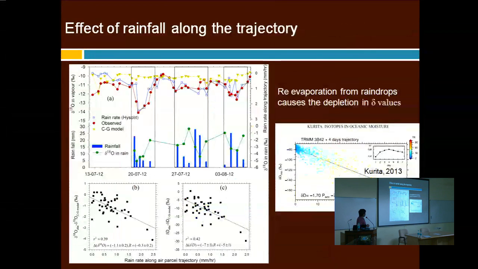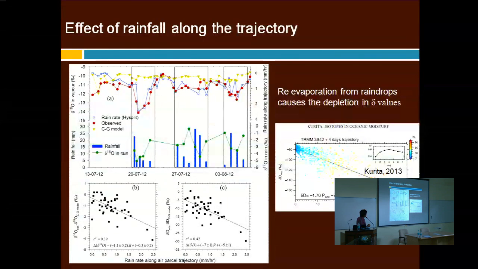And here what I plotted is the delta 18 of the vapor, and this blue one is the rain rate averaged along the trajectory for the past one day. You can see it is also following the same trend, and this line shows the isotopic composition estimated using the equation that I have shown previously.